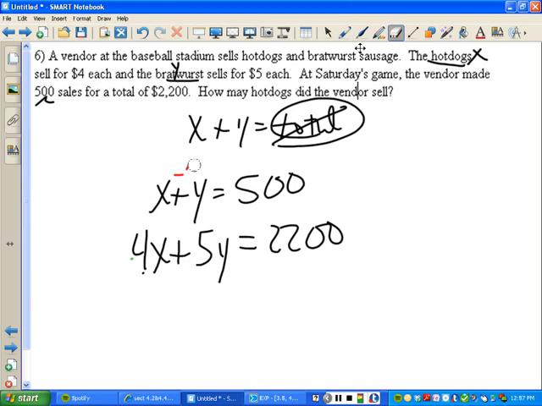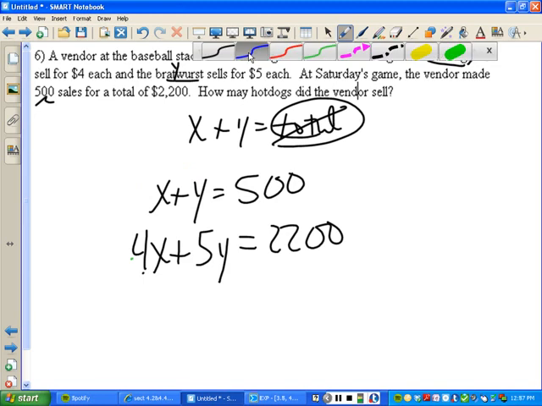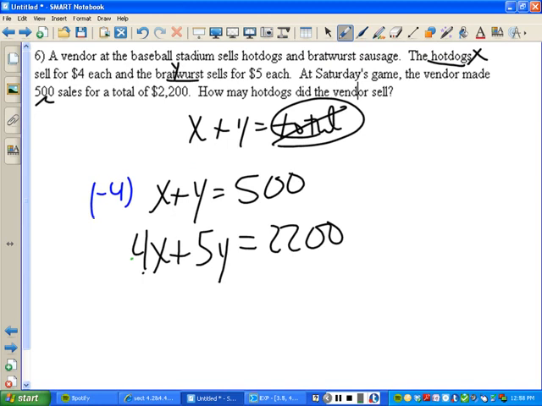So people will say, which one do I use? It's personal preference. I'm going to use -4 for no good reason, other than I want to use -4. So -4, and distribute that to all 3 pieces, please. This is -4x minus 4y equals -2,000.